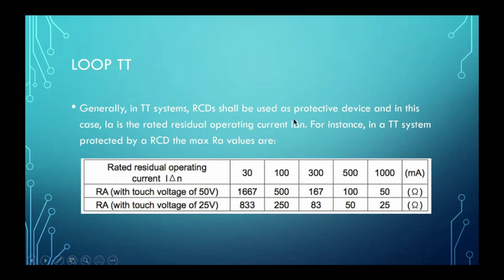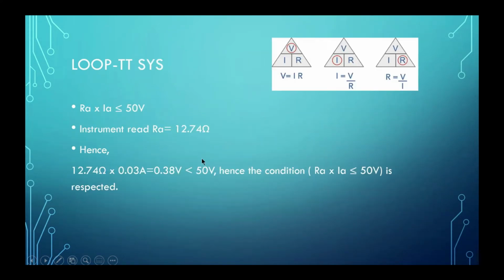IA is equal to the rated current of your RCD. If your rated current is 30 milliamp, 30 milliamp is equal to 0.03 amps. The voltage result is 0.38 volt, which is below 50 volts. So this formula is respected, meaning to say your loop is safe. Your loop design is safe.